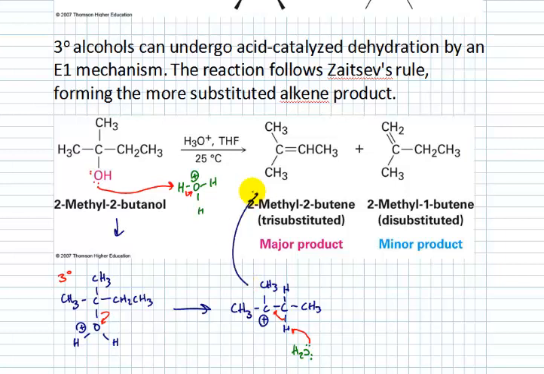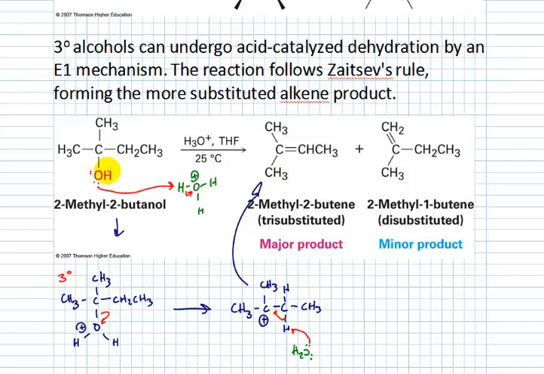So our major product comes from removing a hydrogen off of the more substituted carbon. Okay? That's chapter 17's rule. We're going to make the most substituted alkene that we can make. A minor product might come from taking an H off one of those CH3s, but that's less common because the di-substituted product is less stable than the tri-substituted product.